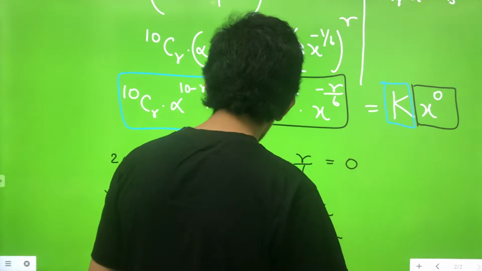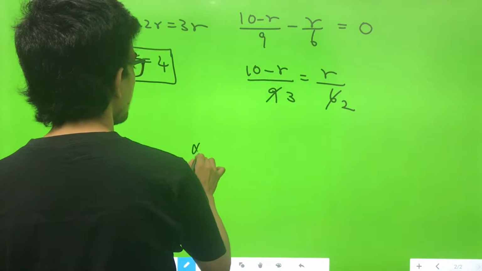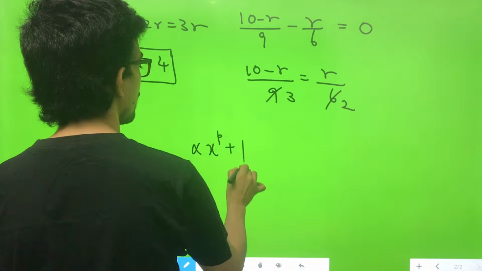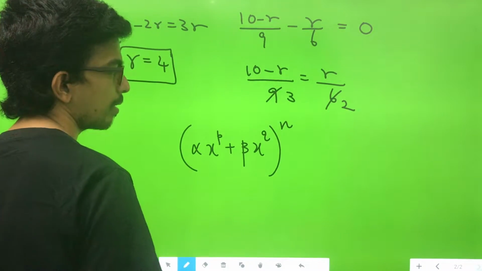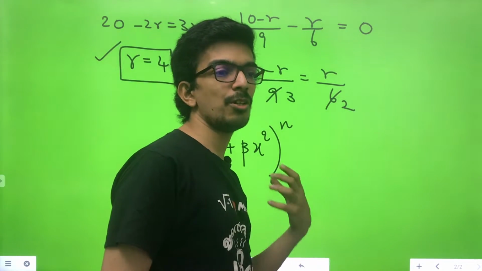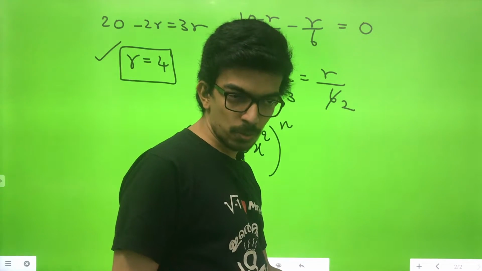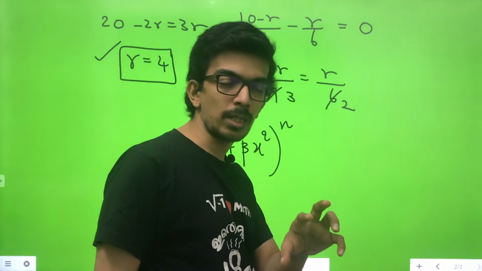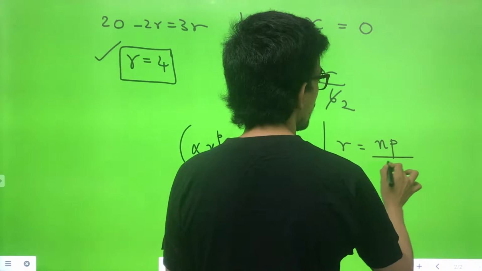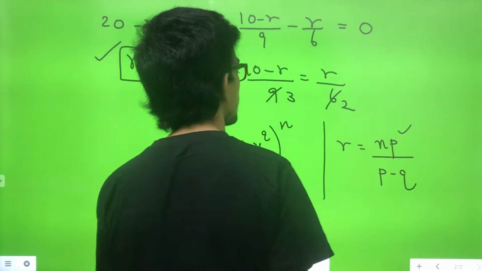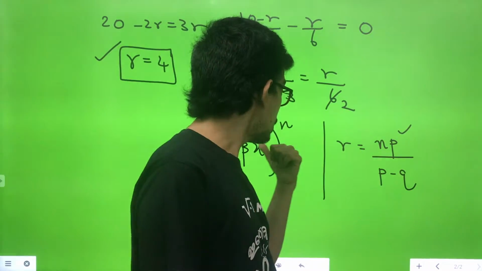So if you have a binomial expression, just like in the question, some alpha x power p plus some beta x power q whole raised to n, and you are asked to find the coefficient of x power 0, or the term containing x power 0, the r value corresponding to that term will be np divided by p minus q.